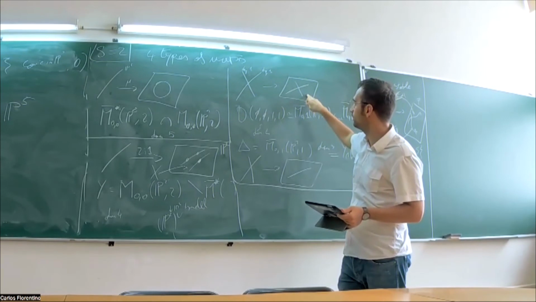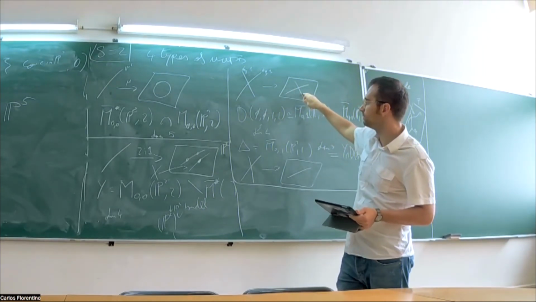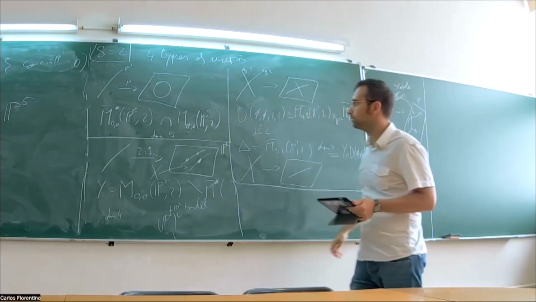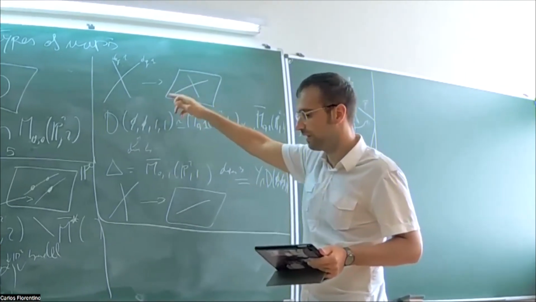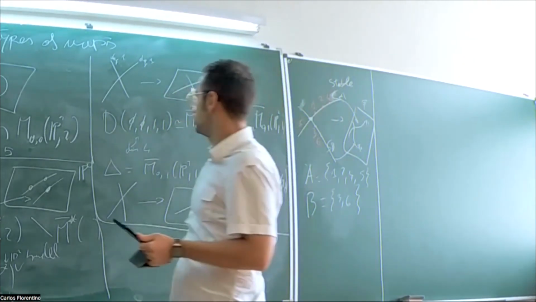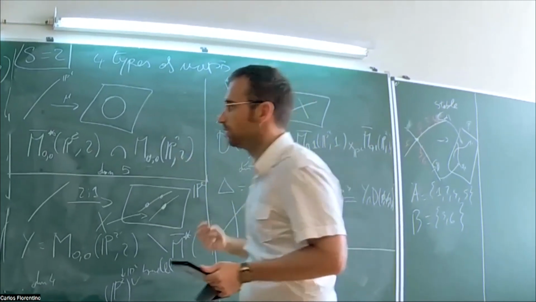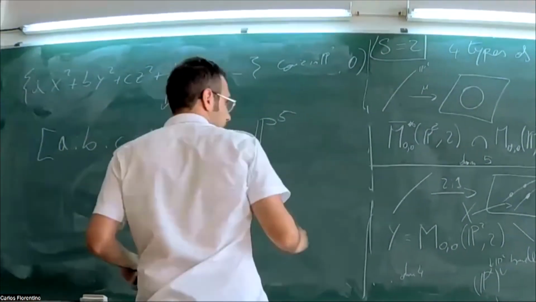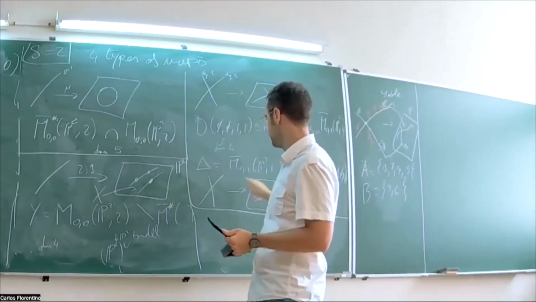Since it's generically injective, the image is enough to uniquely find the stable map that has that image. So this is the problem, this and this.